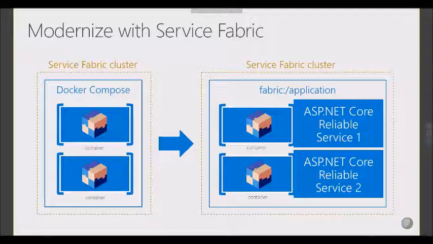It's all XML based, and you can define the same Docker containers in that application definition file, and also the same kind of port mappings, but you can also add reliable services and actors, for example. So that's the transition. It's just a shift from one configuration to another one, but the functionality is basically the same.